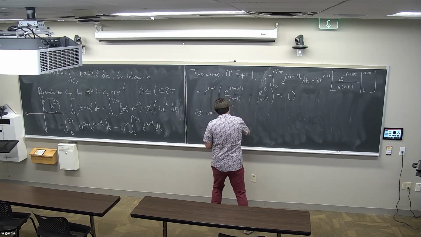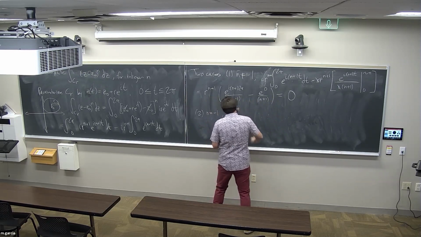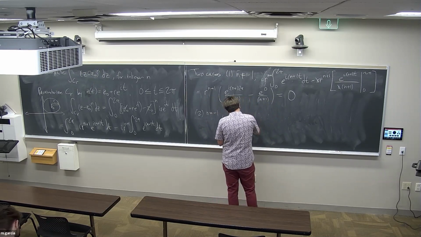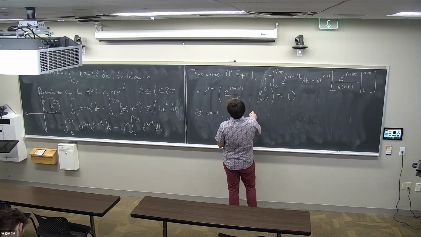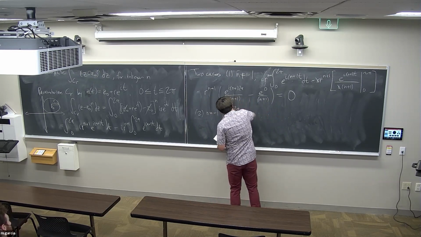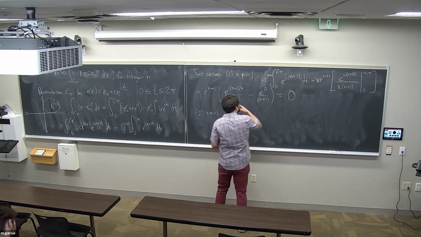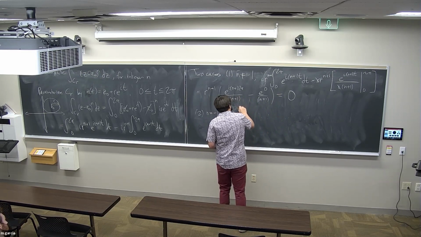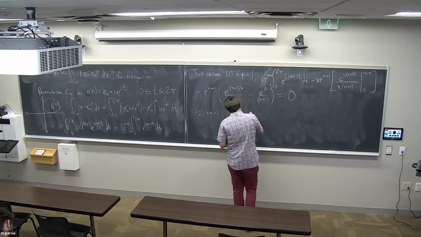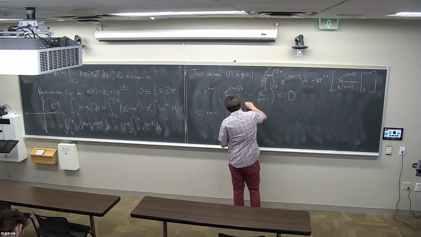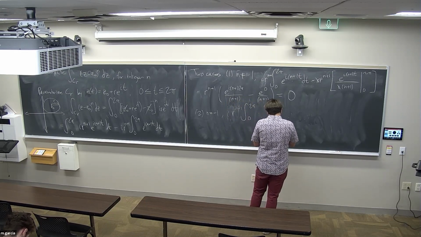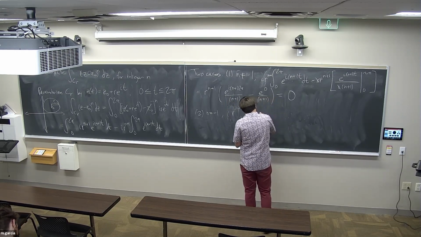We get the integral from 0 to 2 pi of, what's my integrand again? Oh, sorry, I keep forgetting the constant up front. i times r to the negative 1 plus 1, which is 0, times the integral from 0 to 2 pi of e to the i times 0 times t dt.